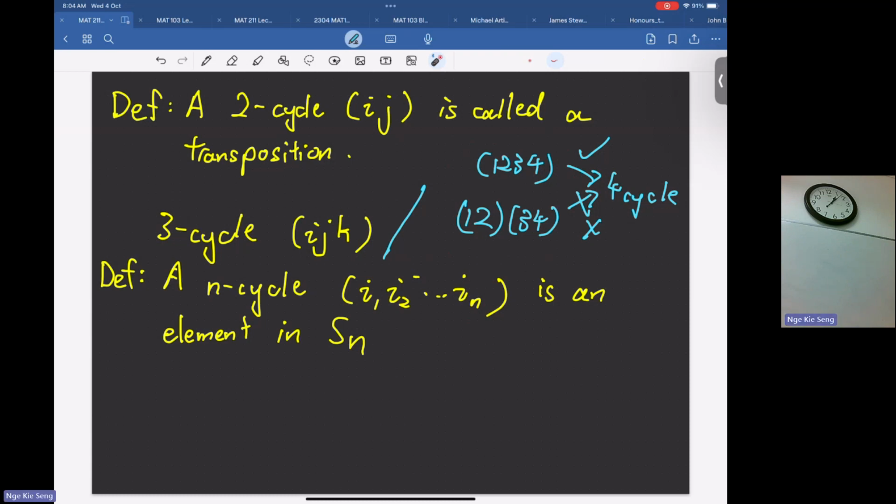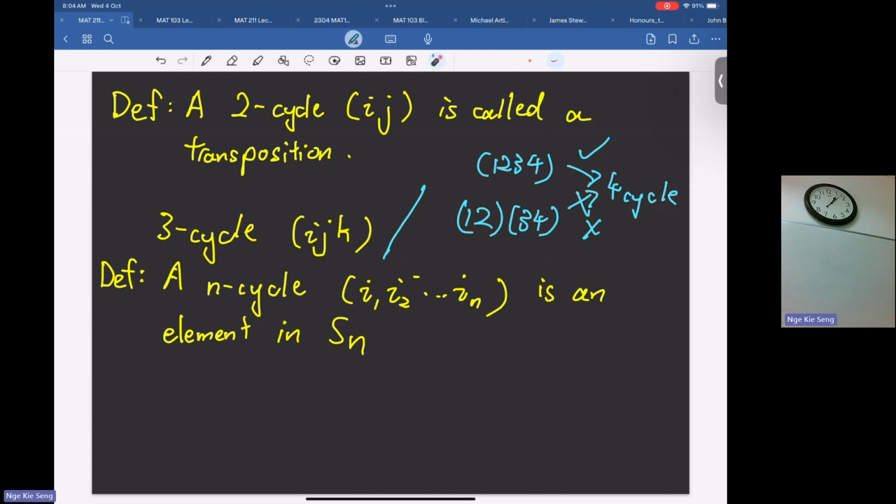The second one is (1 2)(3 4). It's a product of transpositions, not enough; a product of what kind? Disjoint.